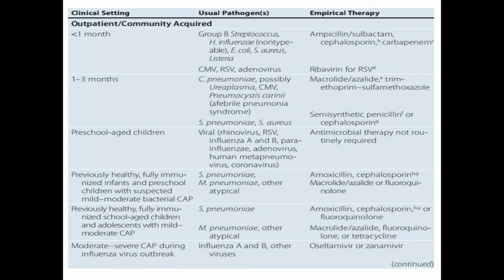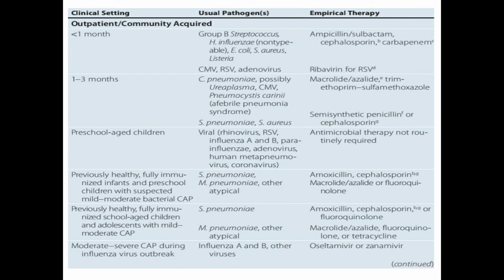In case of preschool aged children, viral pneumonia is more common. So organisms such as rhinovirus, RSV, influenza A and B, parainfluenza, adenovirus, human metapneumovirus, coronavirus can be managed with antiviral agents, and antimicrobial therapy is not routinely required. So we can provide symptomatic and supportive measures.